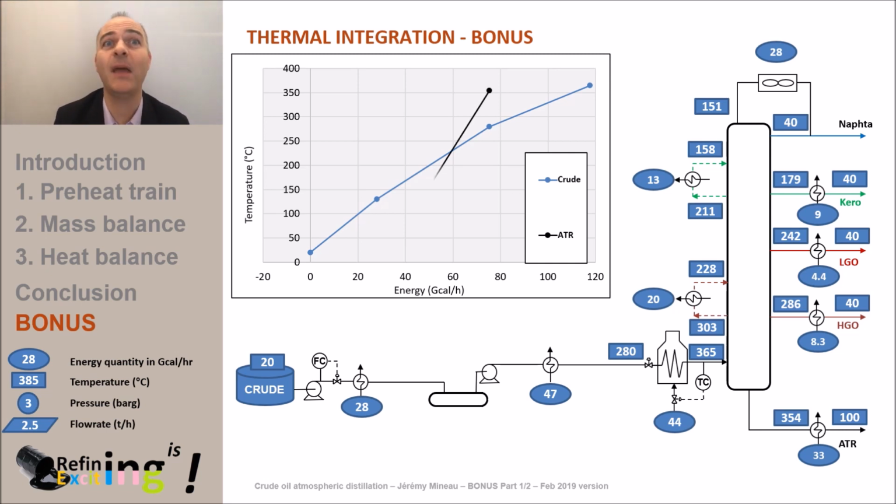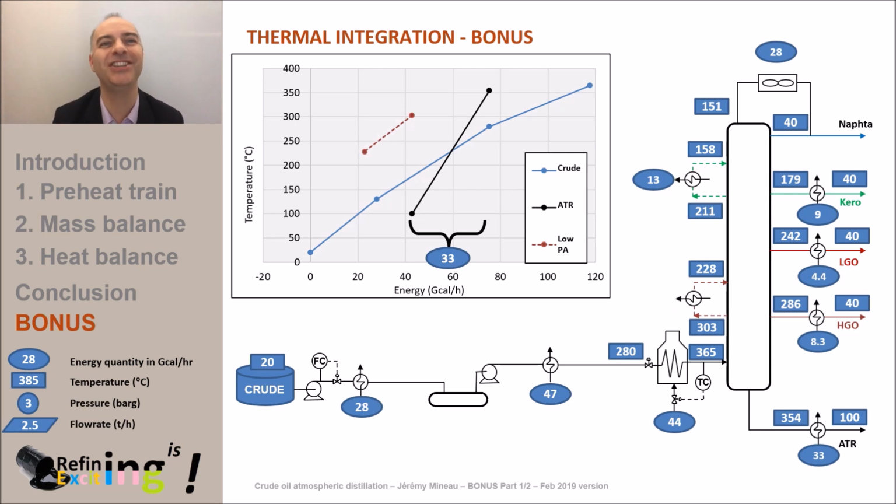It is available at a temperature of 354 degrees C to 200 degrees C, for an energy amount of 33 gigacalories per hour. Then comes the bottom pump around, which is available at a temperature of 303 degrees C to 228 degrees C, for an energy quantity of 20 gigacalories per hour.